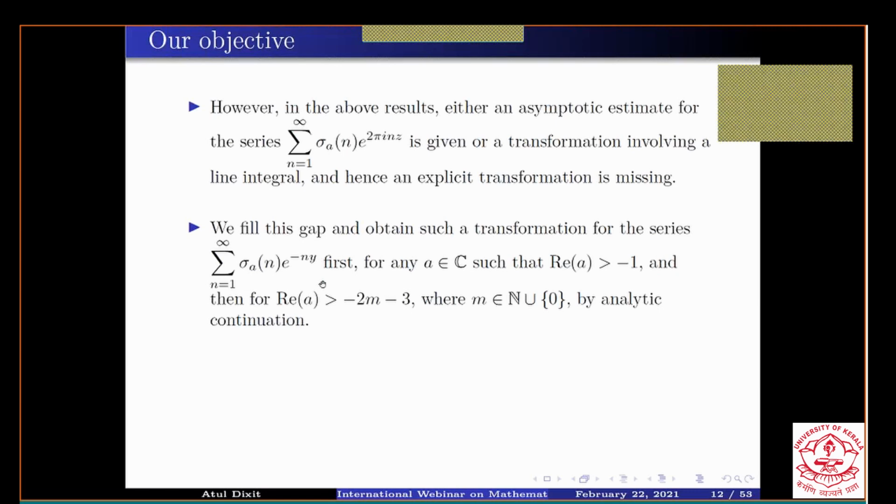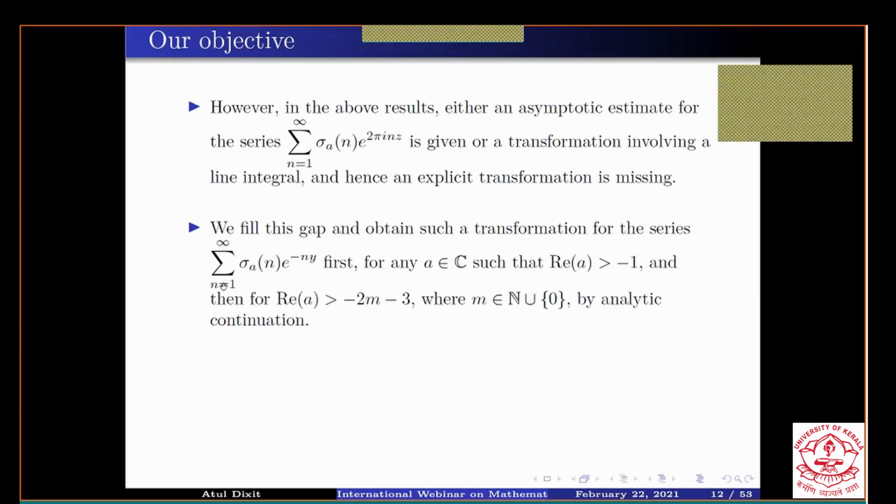Such a thing is quite useful, especially in the context of Voronoi summation formulas, because when you have the error term expressed as an infinite series of, let's say, Bessel type functions, then you can estimate them in a nicer way and try to improve the bounds, and that is what is traditionally done. So such a formula, as explicit as one can get, is always welcome.